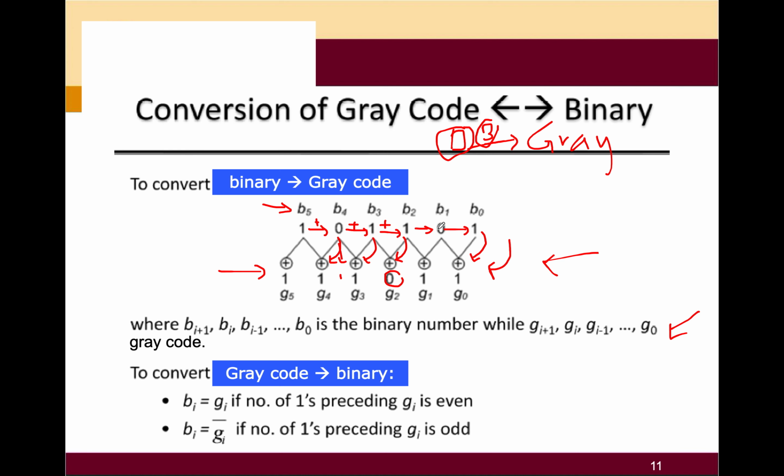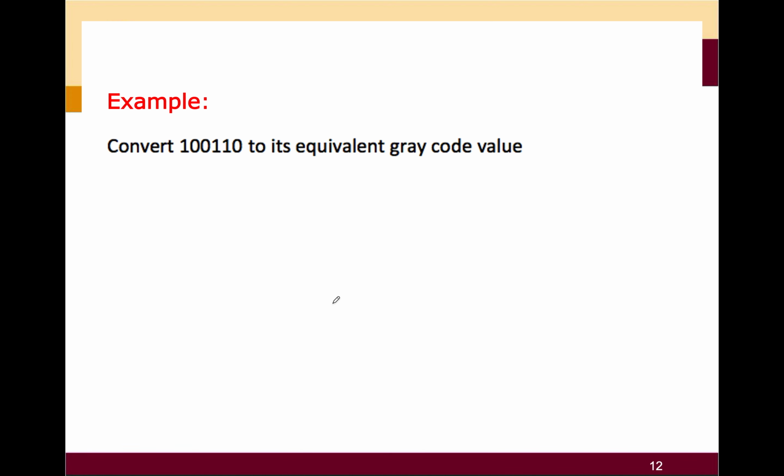So the gray code will be generated. Maybe we can see it more clearly in the example. So let's move to the example first.